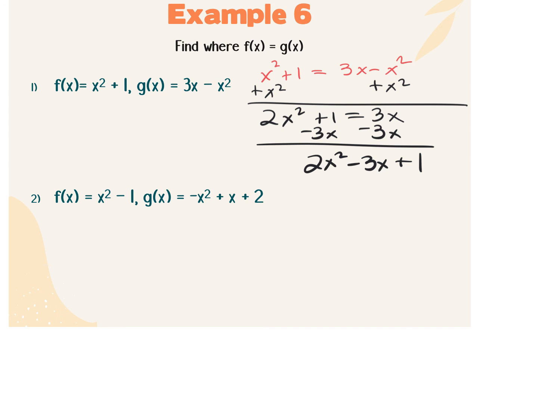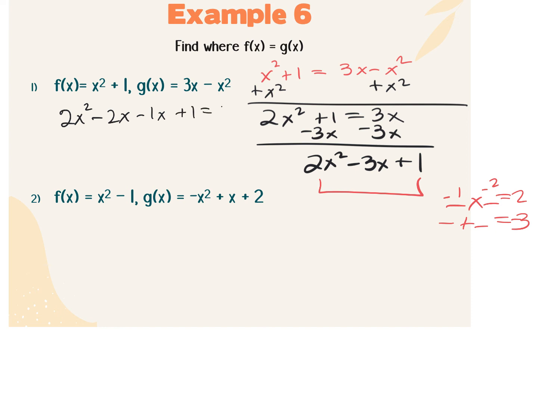However, if you want to see the whole factor by grouping, you would go ahead and multiply. So 2 numbers that multiply to give me 2, but add to give me negative 3. And that's going to be negative 1 and negative 2. So let me go ahead and factor it over here. So 2x squared, and then I could put minus 2x minus 1x plus 1 equals 0.